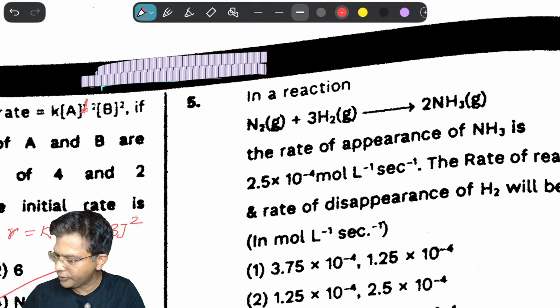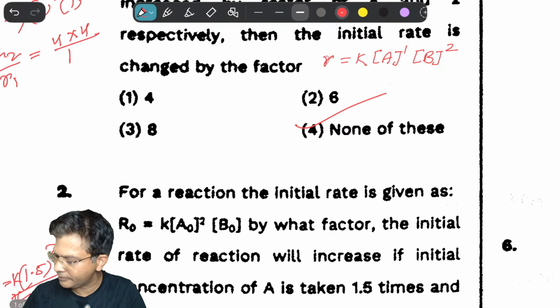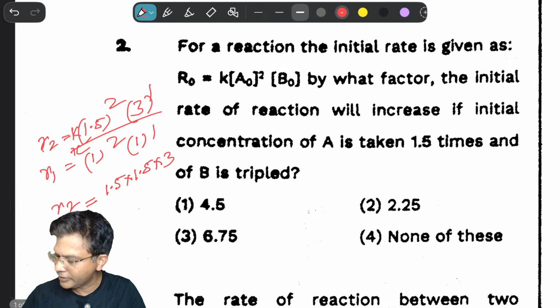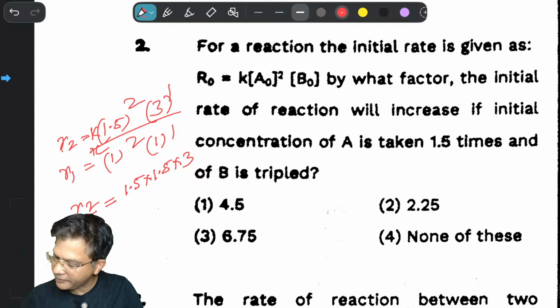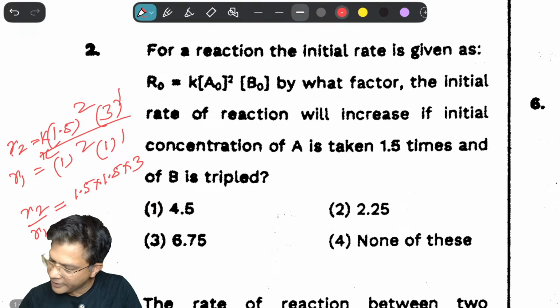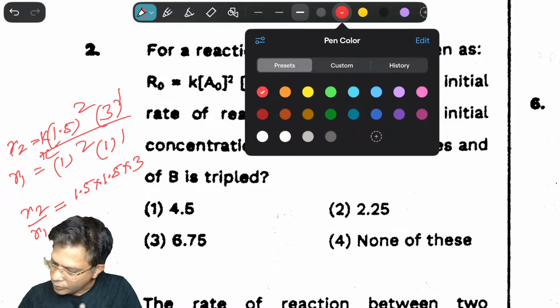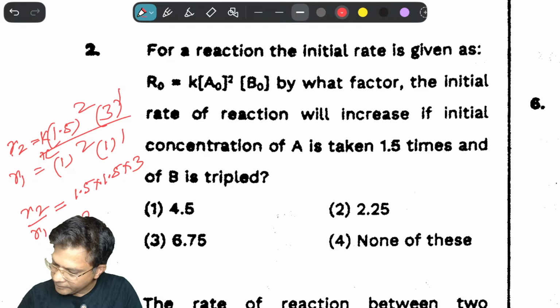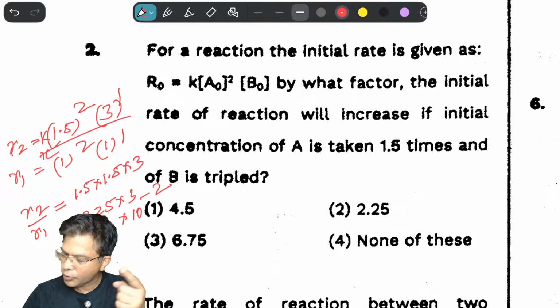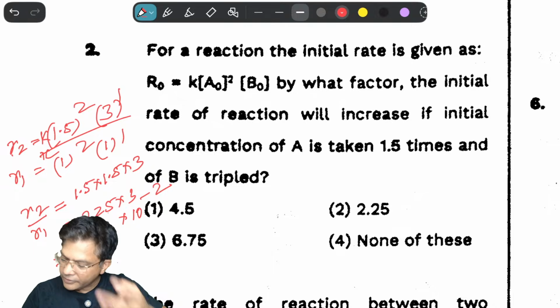Once you know the trick, your solution can become super easy. So you see 1.5 into 1.5, I will write down 225 into 3 into 10 raised to power minus 2. Now 225 threes are... Remember that 200 threes are 600 and 25 threes are 75.